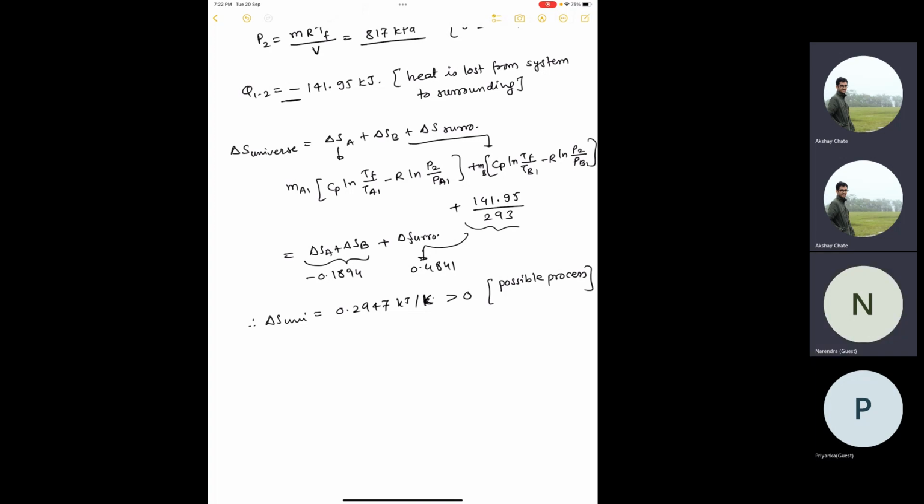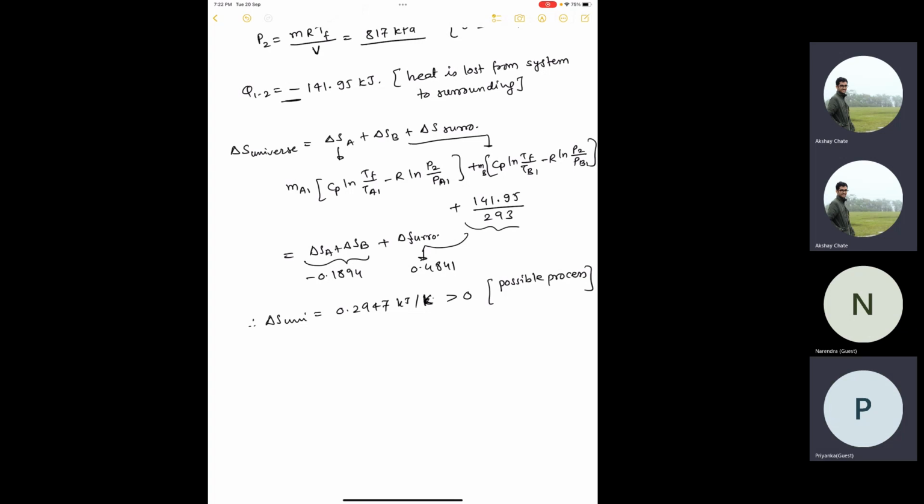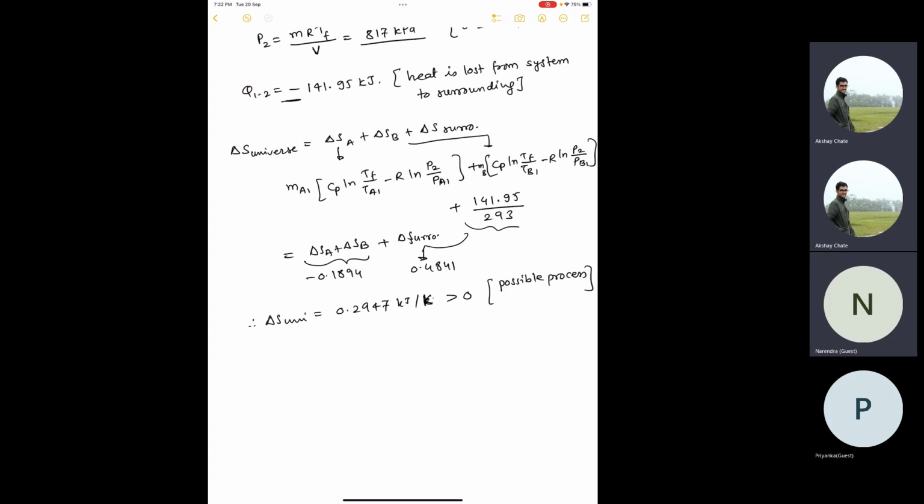Initially, you are just cooling it from 10 degrees Celsius to 0 degrees Celsius, so that is m Cp delta T. But at 0 degrees Celsius, to convert it from liquid to ice, you need to take out the latent heat of fusion, or latent heat of freezing. Water to ice it is going. So m into hfg will give you Q1 to 2, right?